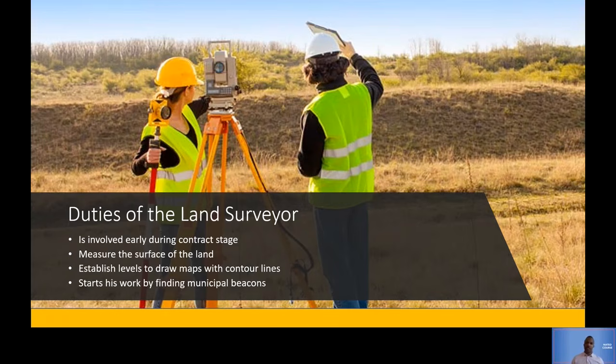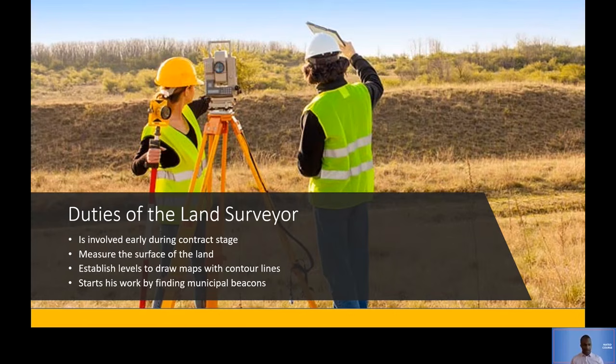He surveys this site, the area of the site, the topography, the highs and lows, the mountains and valleys on that site. He records all of that. So that's what the land surveyor does as part of his duties. And secondly, he measures the surface of the land, which is the area of the land, to say in actual fact how much land is required.